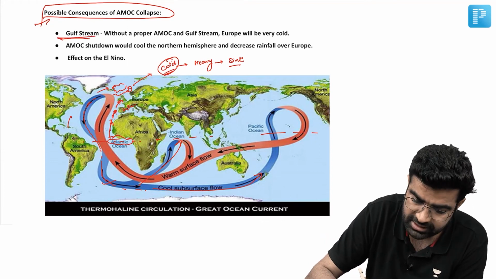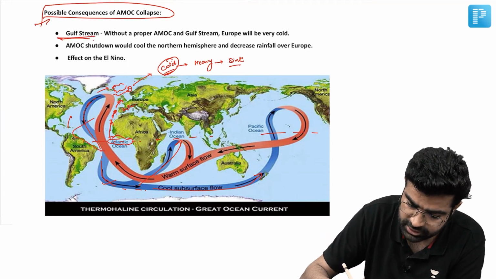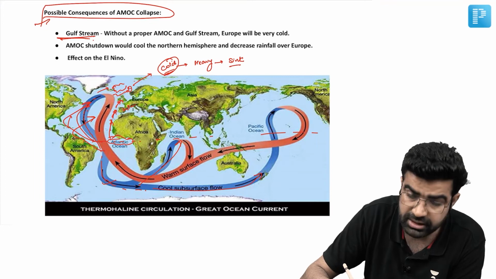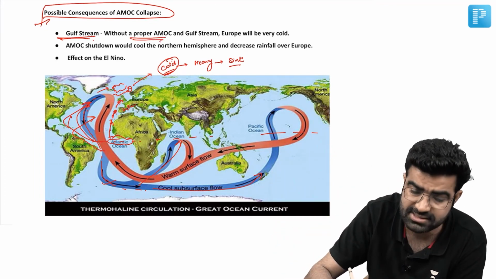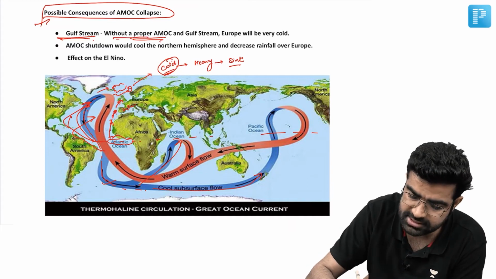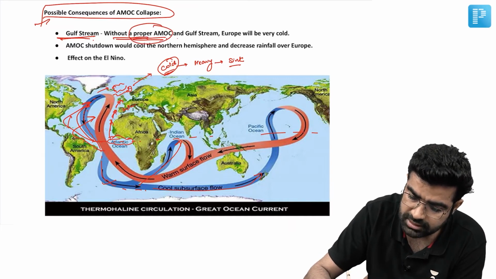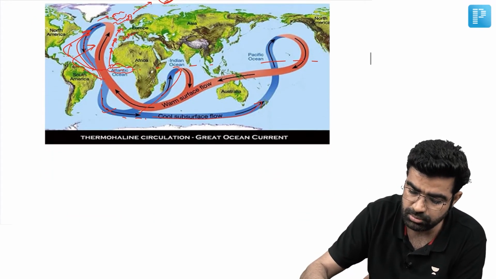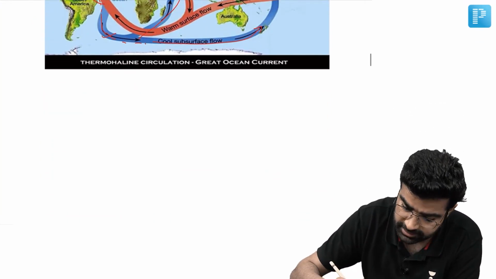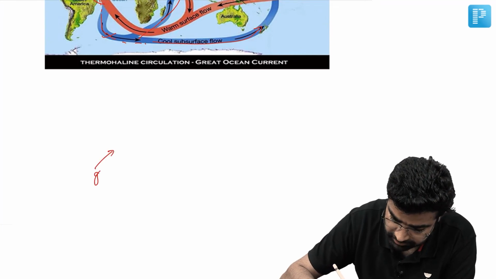If we talk about the Gulf Stream, the Gulf Stream was actually responsible for the movement of this warm water towards the northern area. So if AMOC is losing its stability, or we can say without a proper AMOC, the Gulf Stream and Europe will be affected. How is Europe going to be affected? Because of this Gulf Stream.